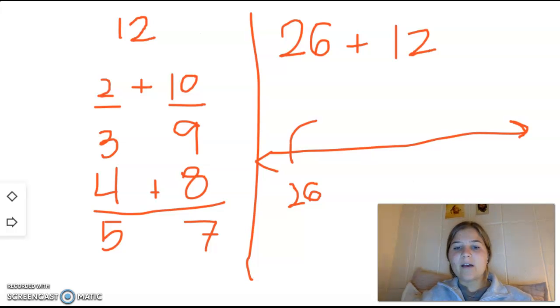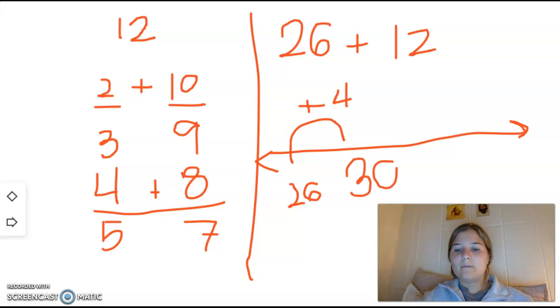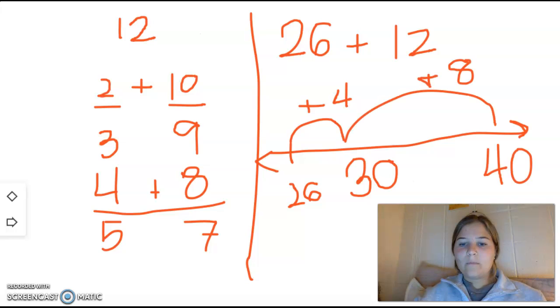I would first add 4, which would get us to 30. And then we would add 8 more. This would get us to 40. So 26 plus 12 is 40.